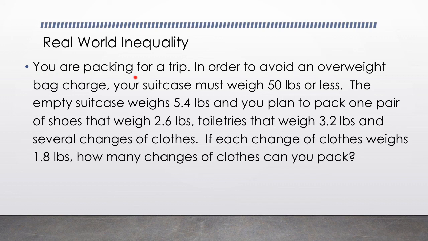So let's look at a real world inequality. You are packing for a trip, and in order to avoid an overweight bag charge, your suitcase must weigh 50 pounds or less. The empty suitcase weighs 5.4 pounds. And yes, by the way, LB is how you abbreviate pounds. And you plan to pack one pair of shoes that weighs 2.6 pounds.